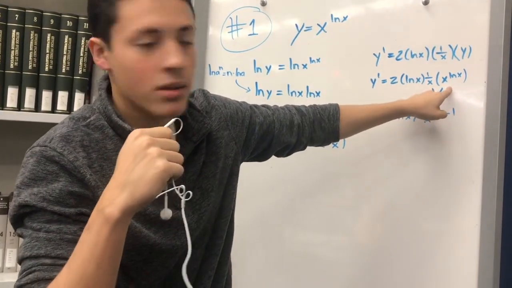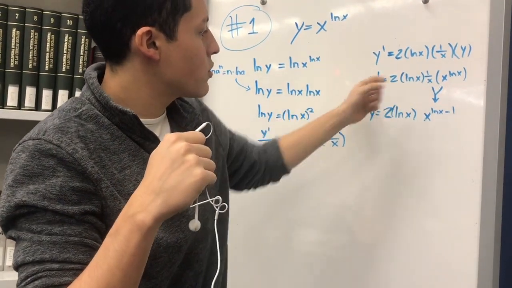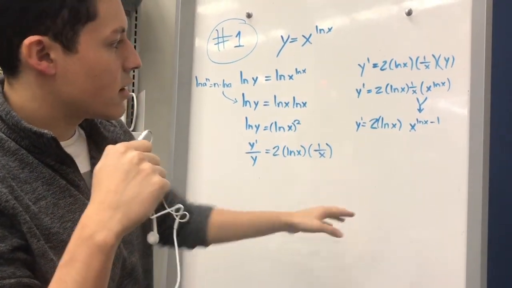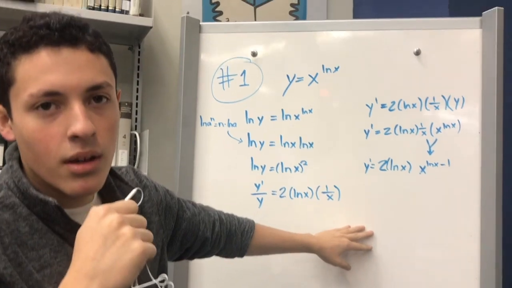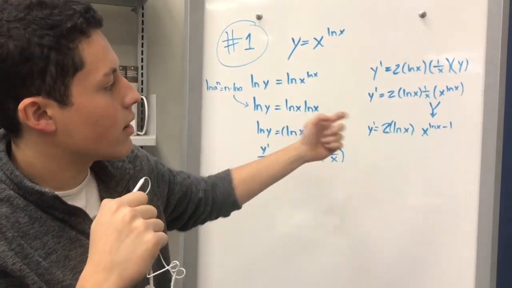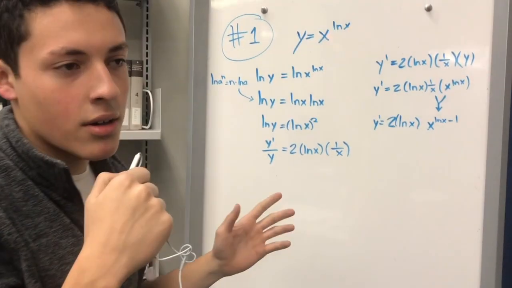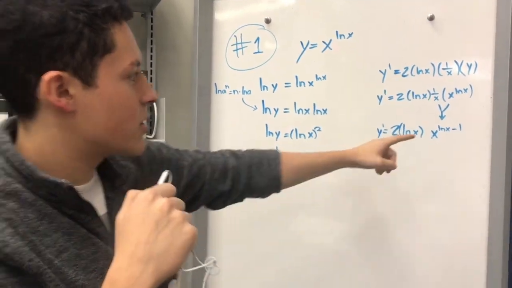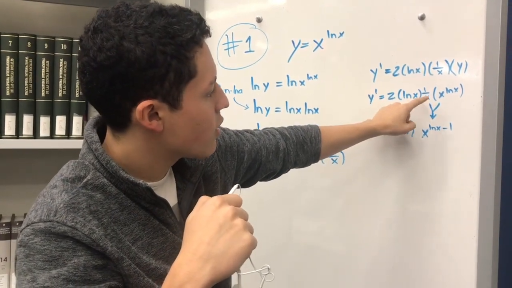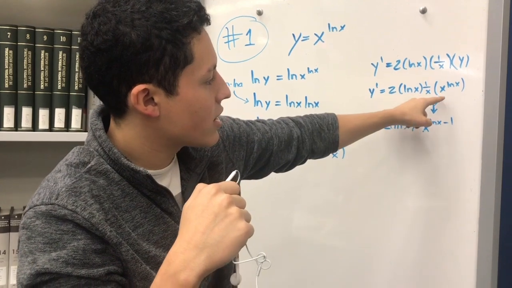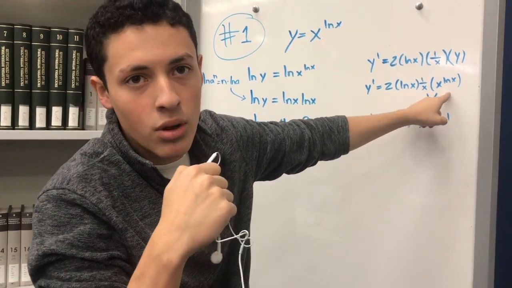So we rewrite it, and now we use the rule that a number and another exponent, if they have a common base, then their exponents will add or subtract, and this is what we did here. So we have x, which has an exponent of -1, and we have x that has an exponent of natural log of x.